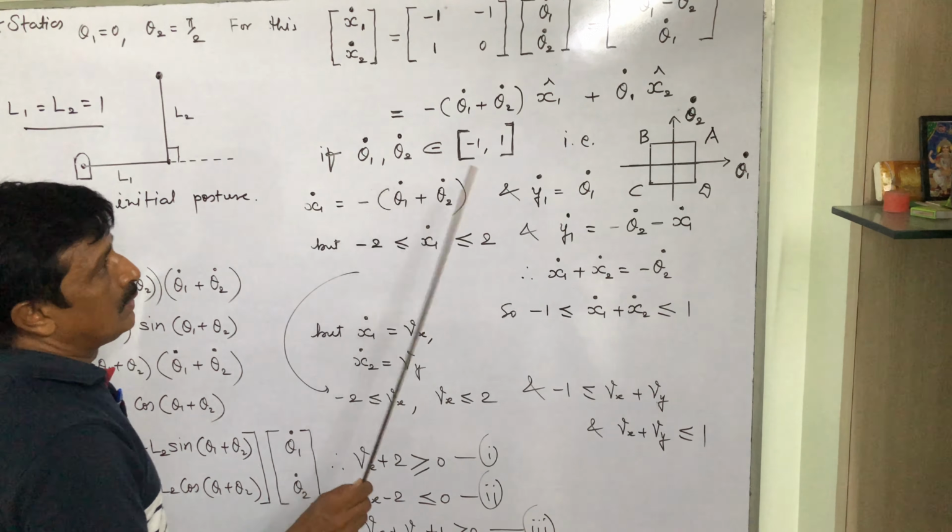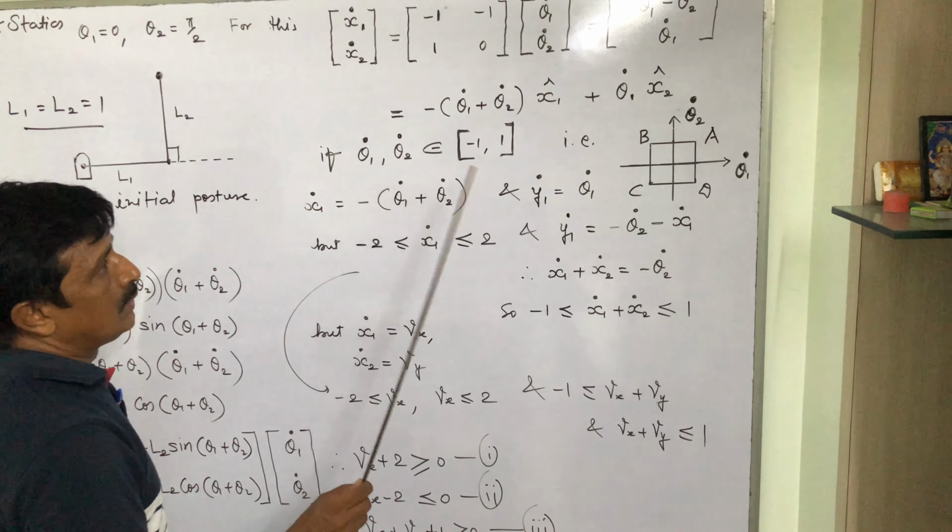Here x1 dot is vx, the rate of change of the x coordinate, so the x component of velocity, and x2 dot is vy. Isolating these, minus 2 is less than or equal to vx, and vx is less than or equal to 2.